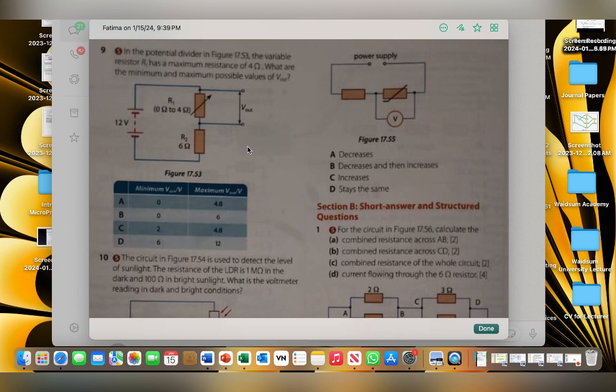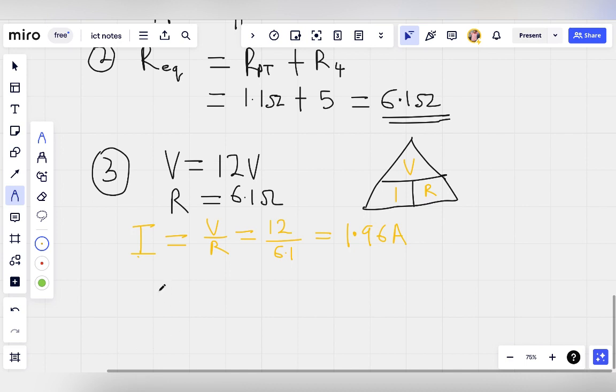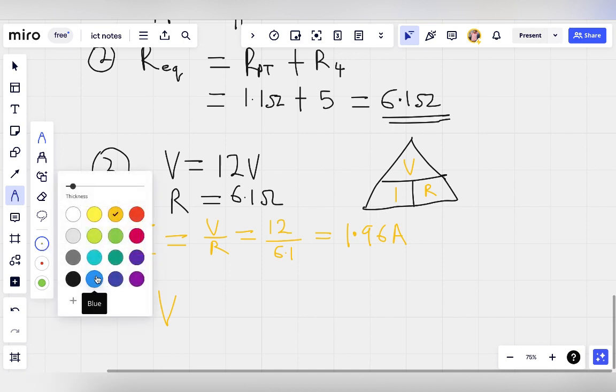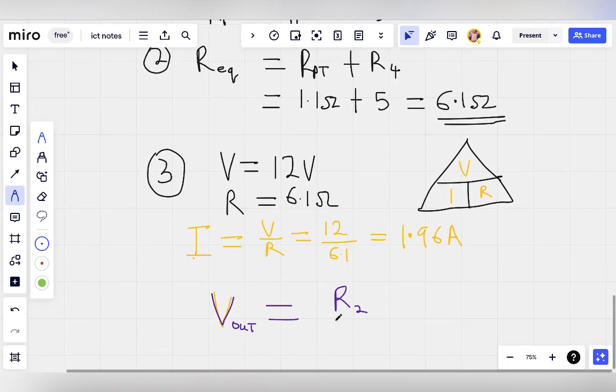This is R1, this is R2. Pay attention: in a potential divider, the output voltage V out is calculated by R2 over R1 plus R2, times the input voltage.